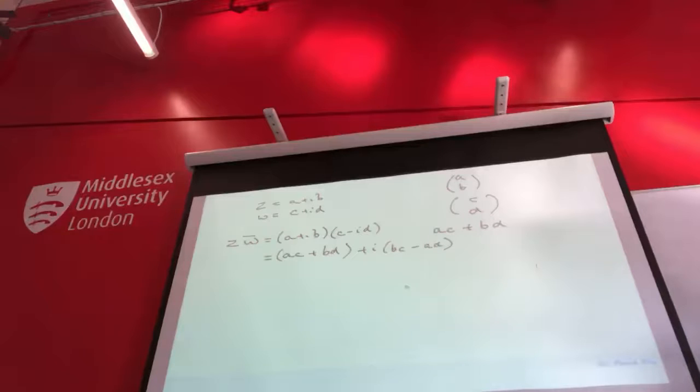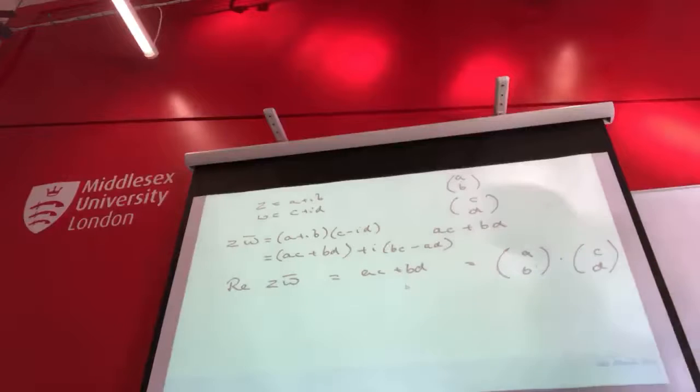So the point being that if you look at the real part of that, the real part of Z times W bar is AC plus BD, which was the dot product. So there is always a link between vectors in R2 and things like multiplication in complex numbers. For those who did functional analysis, this is the inner product. The real part of Z W bar is the inner product.